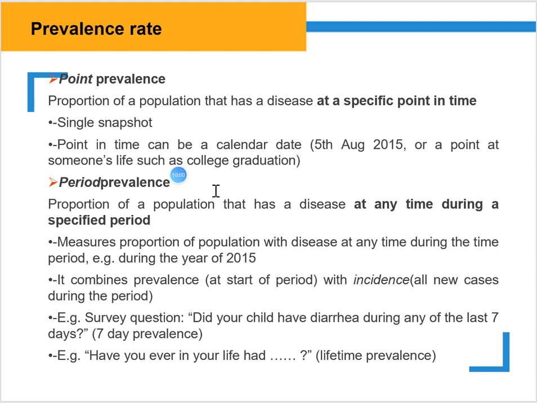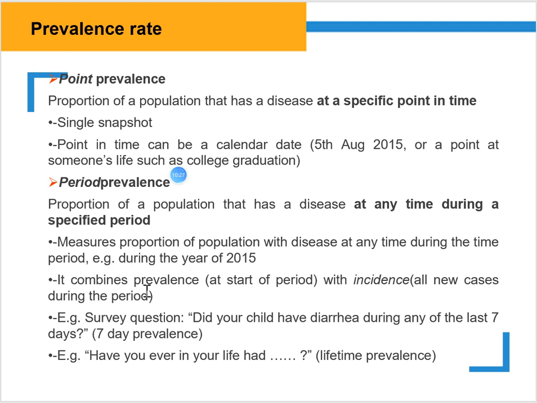Period prevalence is the proportion of a population that has a disease at any time during a specified period. It measures proportion of population with disease at any time during the time period, such as during the year of 2015.